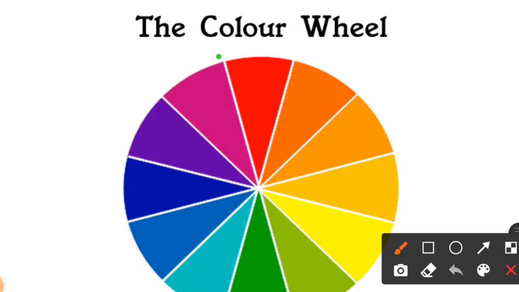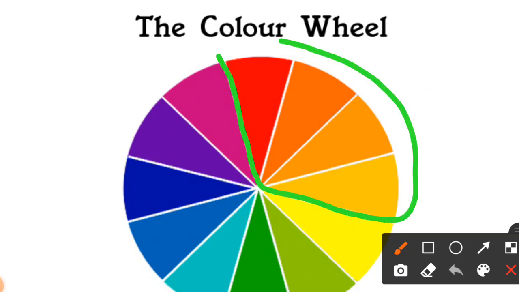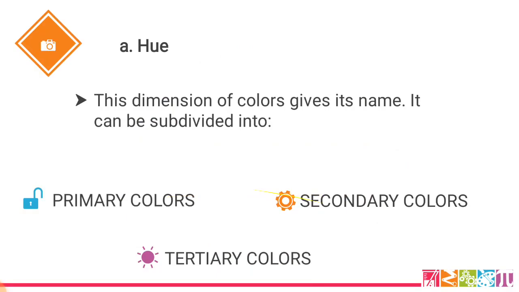So, you could use this one. For example, ito. So, yung red orange, orange, and yellow orange lang talaga yung gagamitin mong kulay in your artwork. Kapag yan lang yung ginamit mong kulay in your artwork, so that is what we call what? Analogous harmony. So, let's go back to our example.